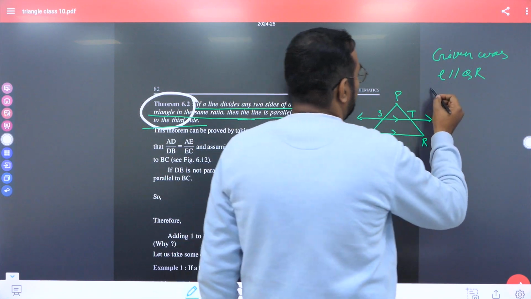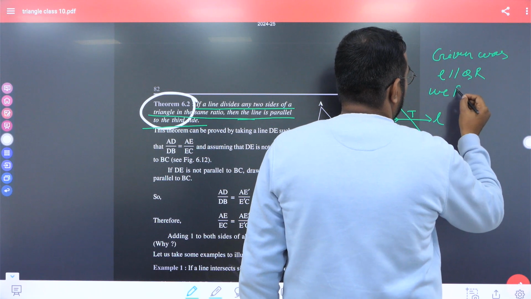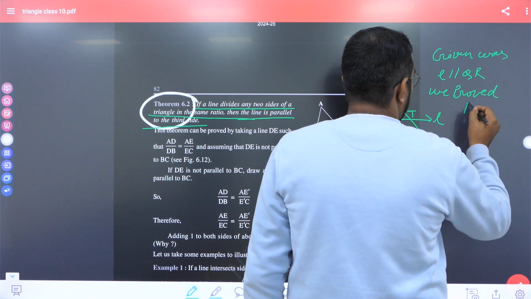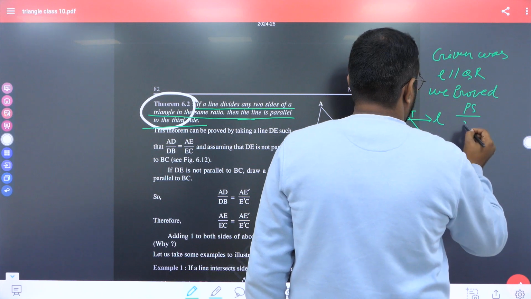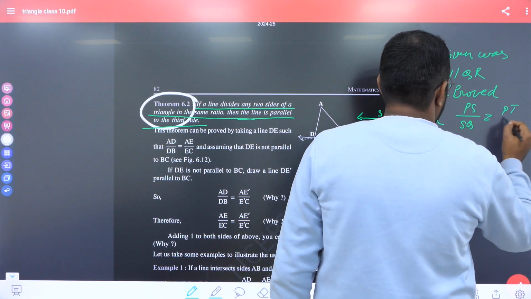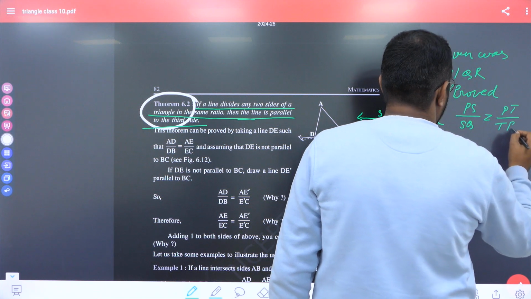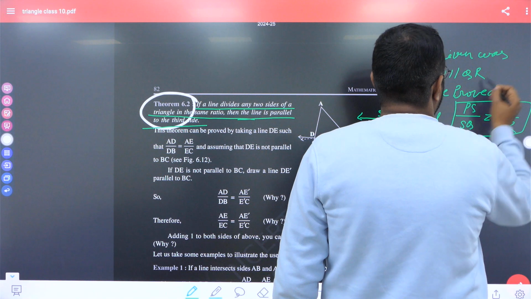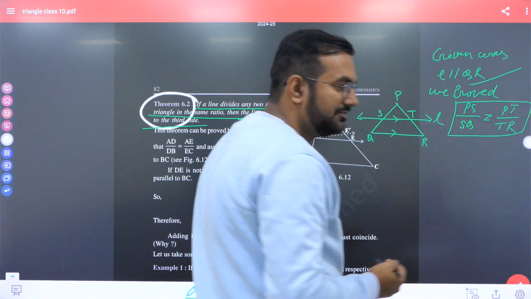And we proved PS upon SQ is equal to PT upon TR, right? We proved these things and this was given, right?